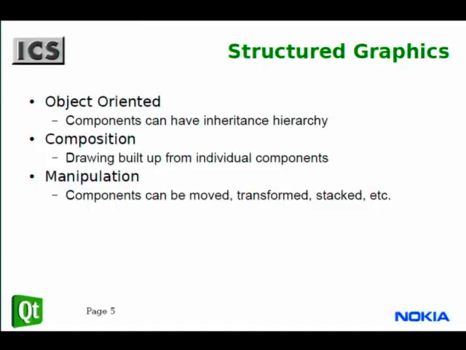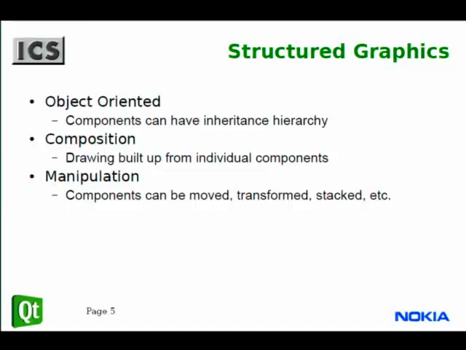So, it's a structured graphics interface. It is object-oriented, so components can have an inheritance hierarchy. It supports the composite design pattern where you can build up more complicated things from simpler components.